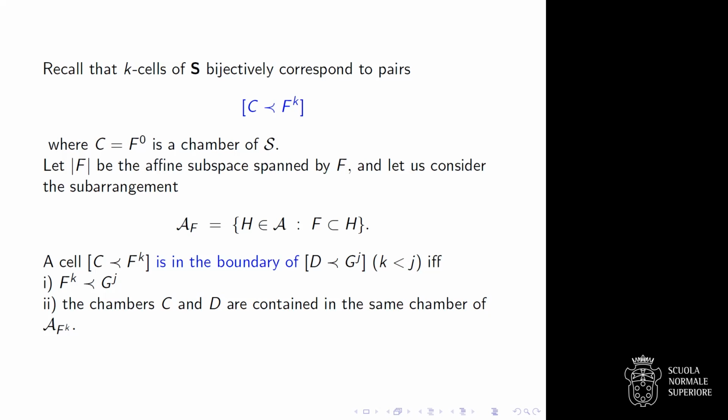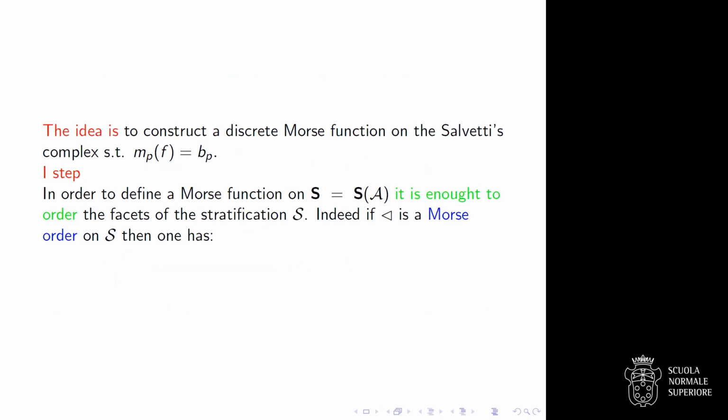Okay, so this is the complex, which was the most difficult part somehow. Okay, no, it was not. But if you understand the complex, then you can also understand how to collapse it. So the idea is to use discrete Morse theory to collapse the cells of this complex to their minimal ones.